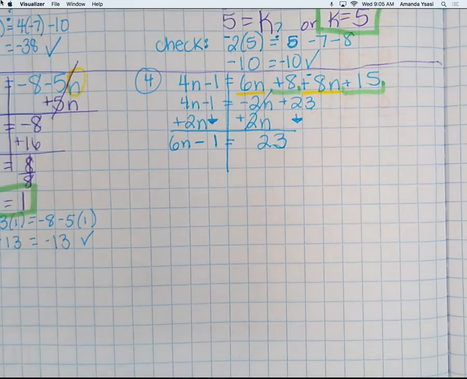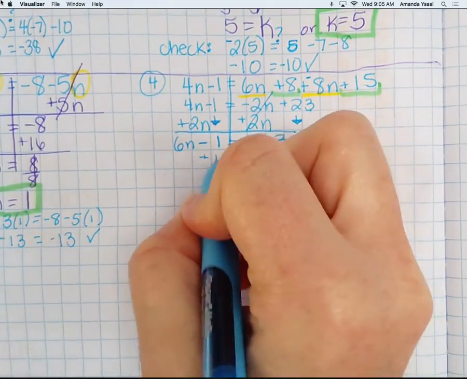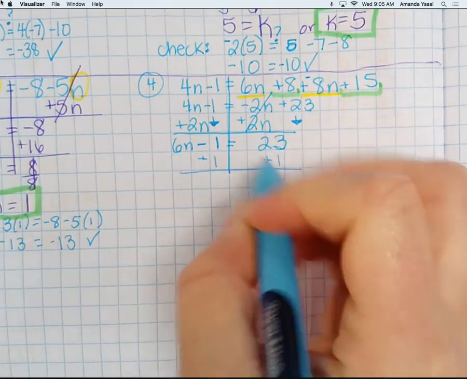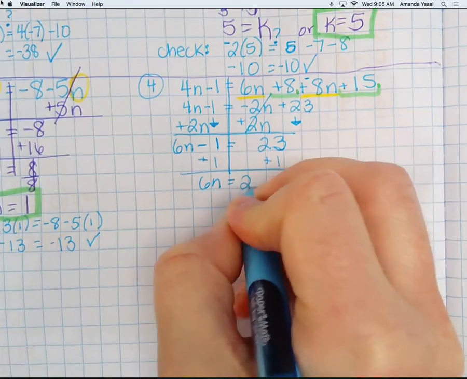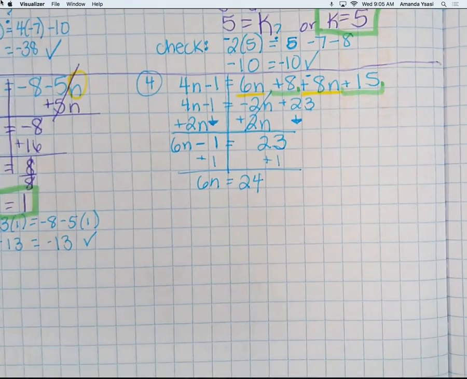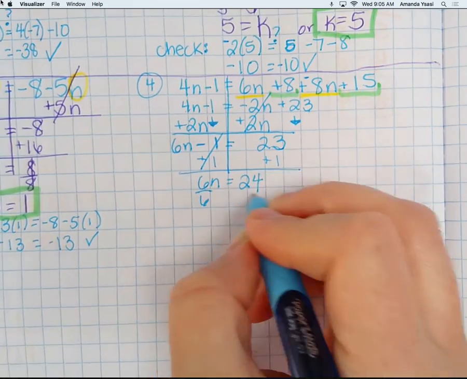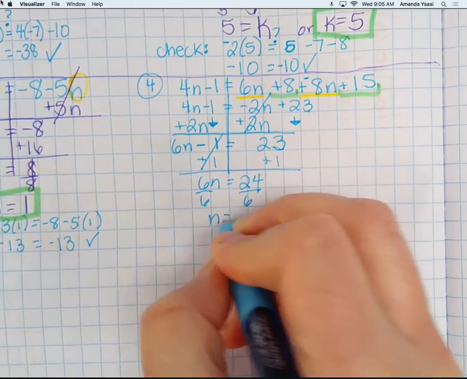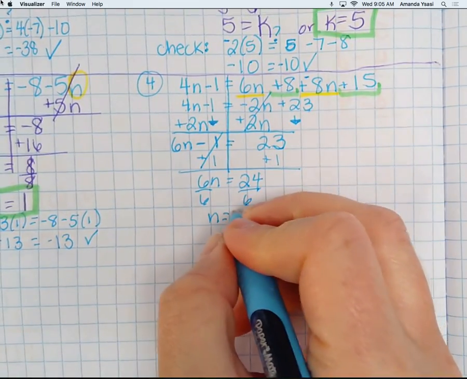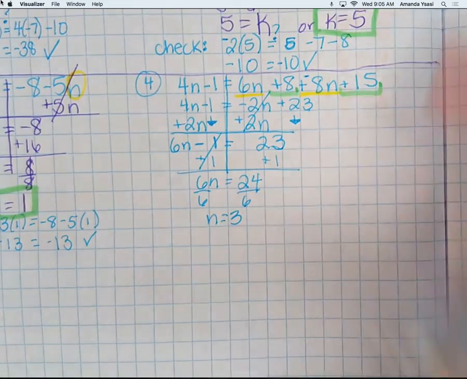Okay, so get rid of the minus 1 and do plus 1. So I get 6n equals 24. Divide by 6. N equals 24 divided by 6. Oh, yeah, it's 4.